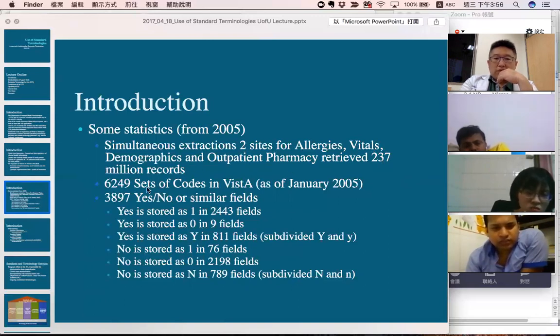Then the set of codes, that means the vocabulary. In Vista, these are controlled vocabularies stored in Vista, like drug names, anatomy, disease names, which all belong to codes. In total there are 6,000 sets of codes stored in Vista.